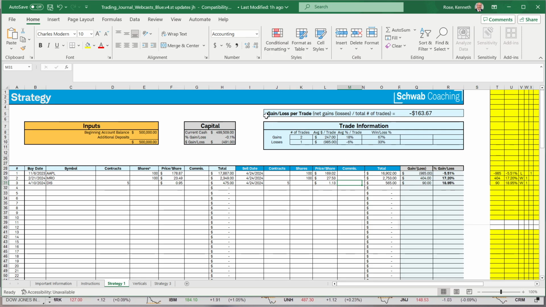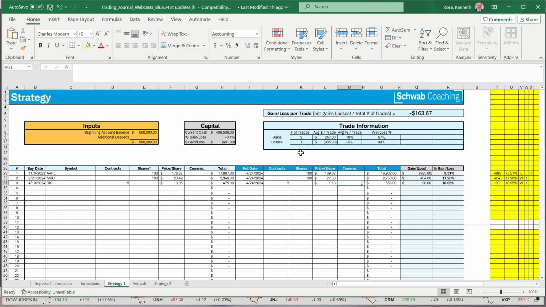Now notice when we come up here on this calculation, this is gain/loss per trade. This is basically looking at all of the gains and all the losses. It sums up all the gains and all the losses and divides it by the total trades. It's telling us that on average, we're losing $163.67 per trade. If we come down here, it's giving us our percentage.